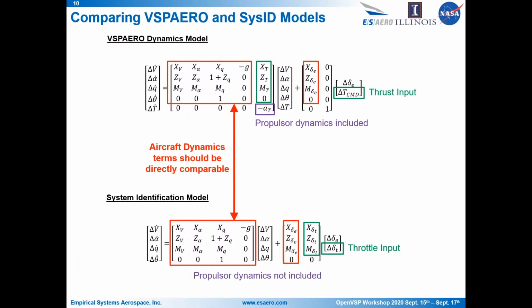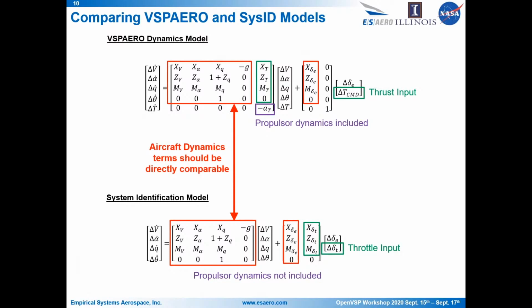But in the system identification model, the flight test data extracted from the flight test campaign really can only trace throttle input. It's very difficult to get beyond throttle and connect the dots between throttle and thrust. So in addition to that, there are no propulsor dynamics included.